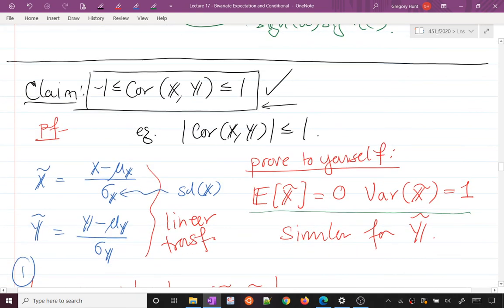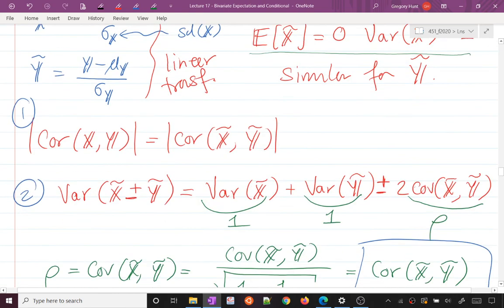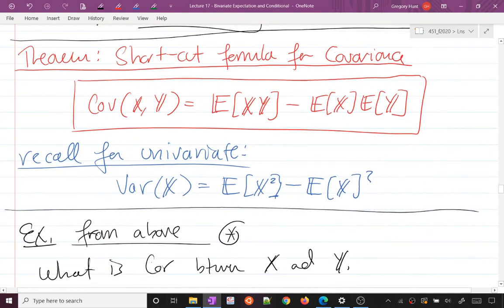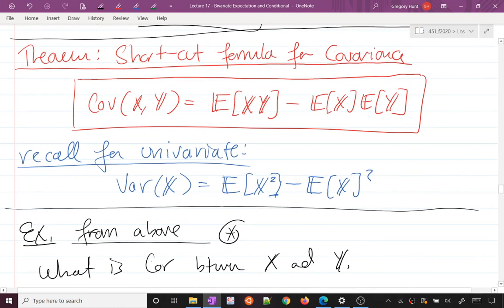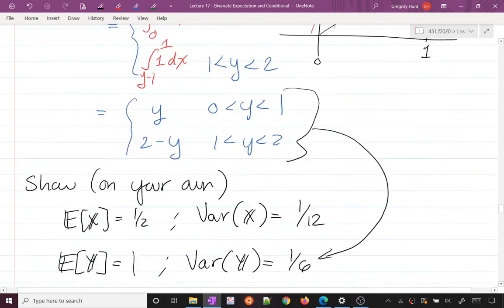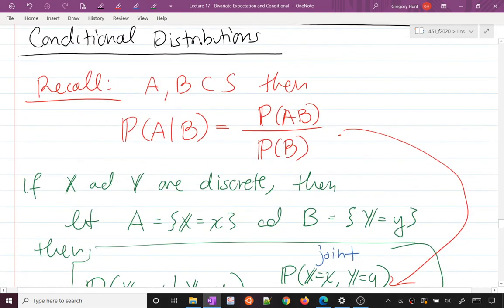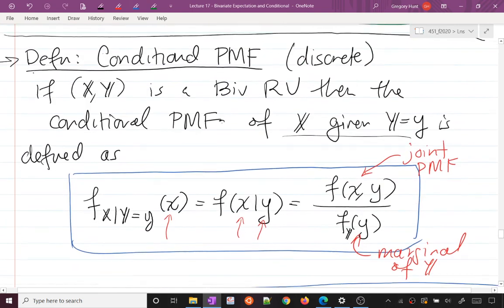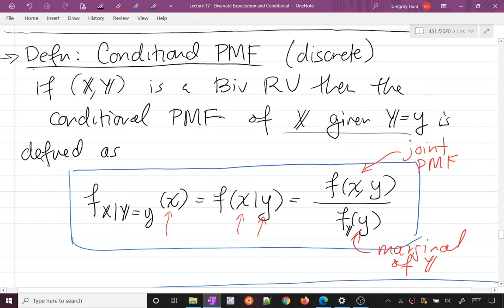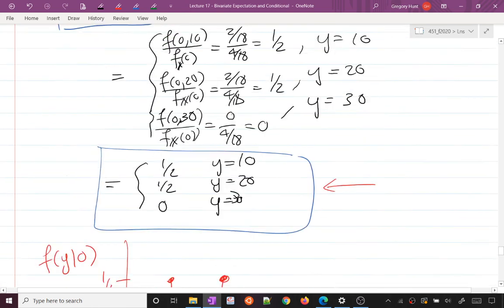And we showed that the correlation indeed has to be between -1 and 1. There's a shortcut formula just like for variance, for covariance. And we then looked at conditional distributions. In the discrete case, when x and y are both discrete, it is the joint PMF over the marginal. And we looked at an example.